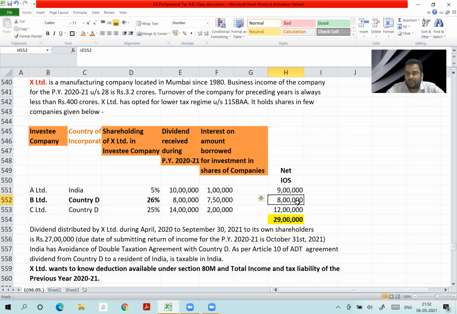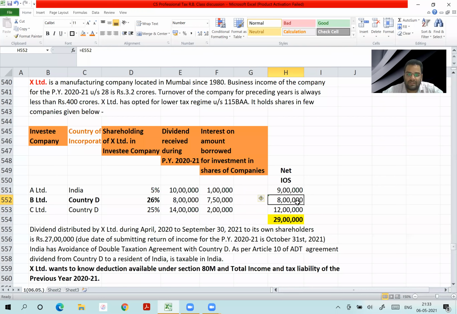Correct. We are talking about a specified foreign company. Why specified foreign company? Country D means a foreign company and the holding is 26% or more. So it is a specified foreign company. When it is a specified foreign company, the entire amount is taxable without any deduction. So take 8 lakhs.